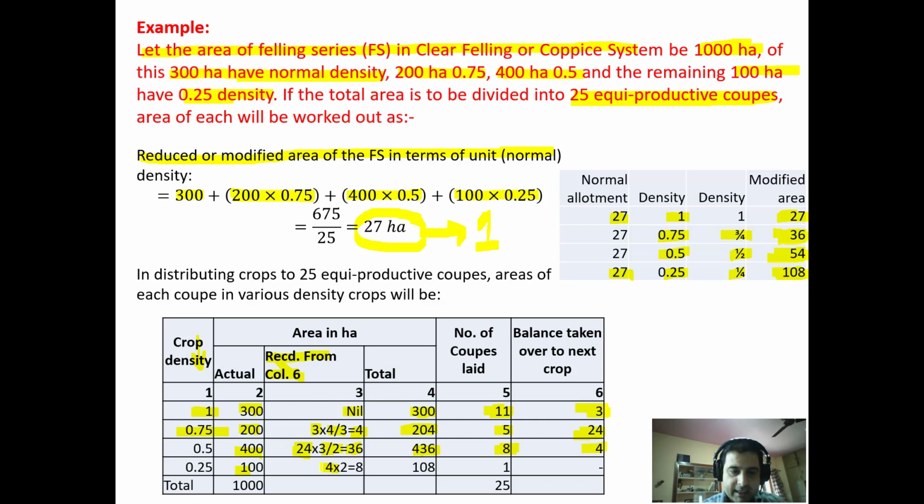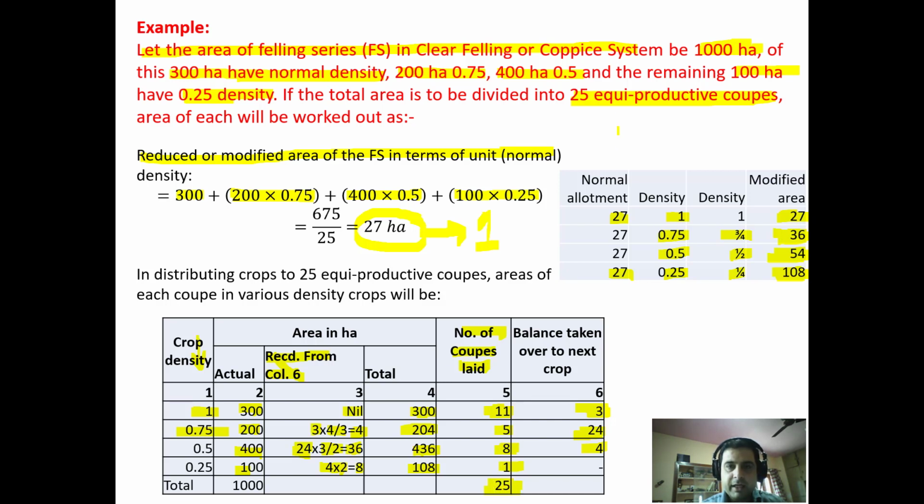Now we have carried it from 1/2 to 1/4. So we are going to divide 1/2 by 1/4, which gives us 2. So 4 into 2 becomes 8. So 100 plus 8 becomes 108. And it is to be divided by the modified area of that particular density, which is 108. 108 divided by 108 becomes 1. So the number of coops laid is 11, 5, 8, 1, and the total comes out to be 25.